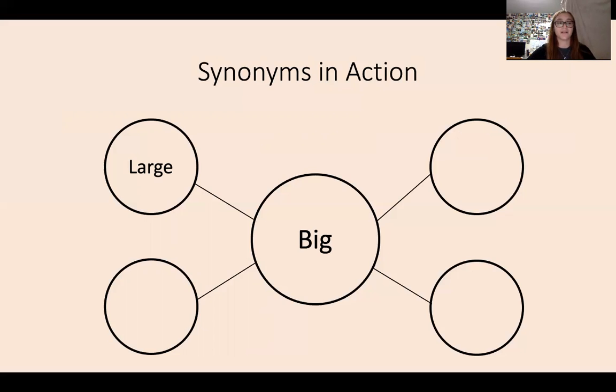Let's think of some other words. Huge means the same thing as big, too. Giant could mean big, and so can immense, which just means really, really big. Write these words down. All of these words mean the same thing as big, so these words are all synonyms.